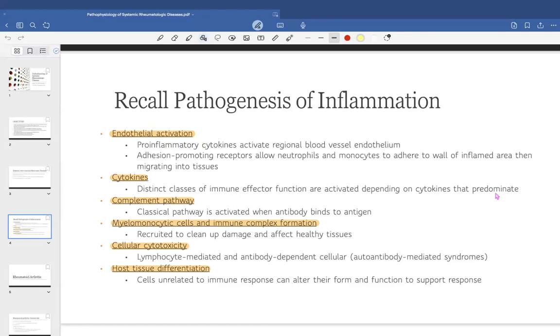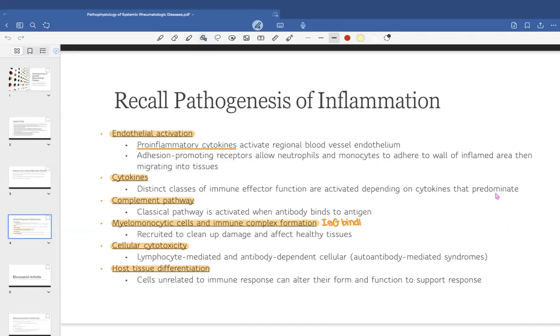And this kind of rampant release, wherever these antigens are, is going to stimulate some kind of immune reaction and damage to the cells. So with cellular cytotoxicity, you're going to have lymphocytes that are drawn to the areas.